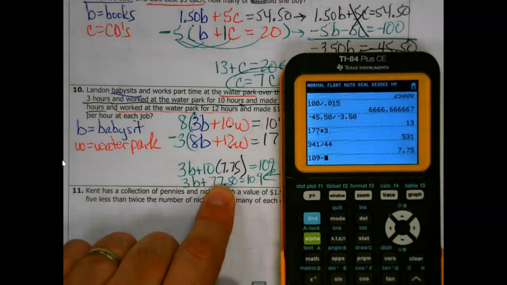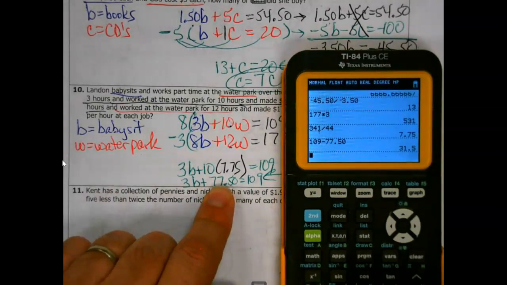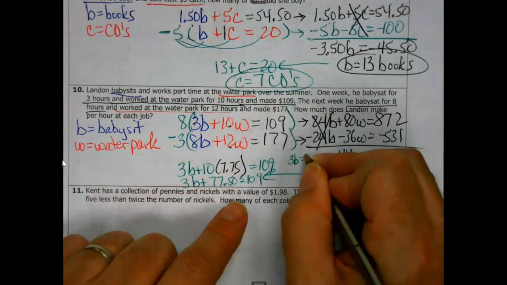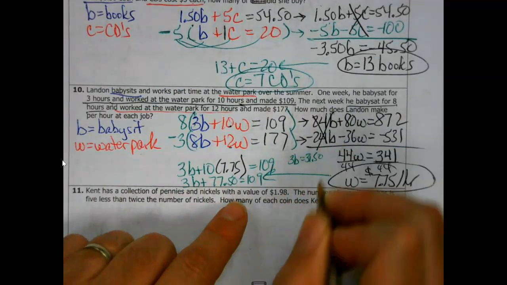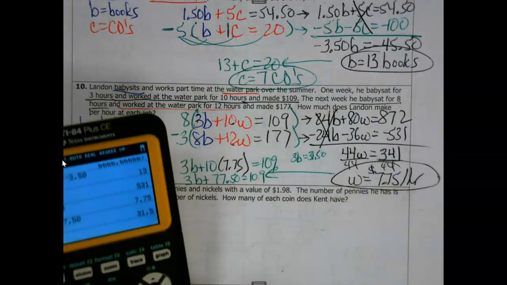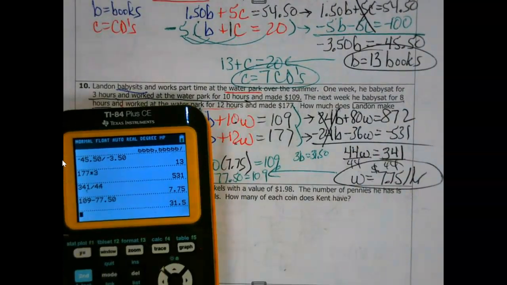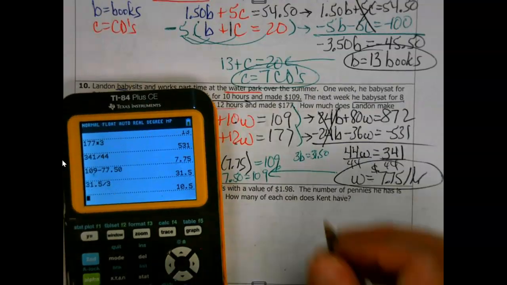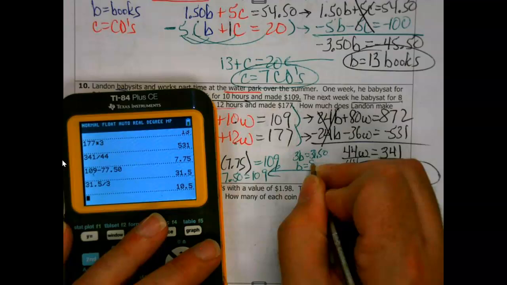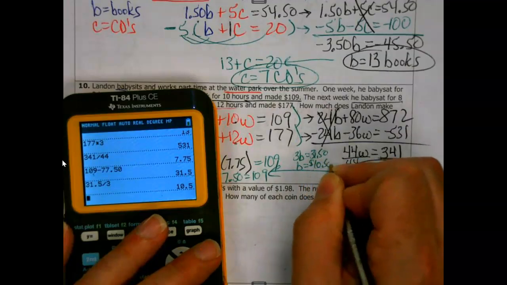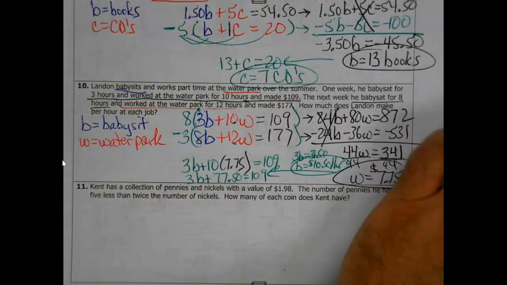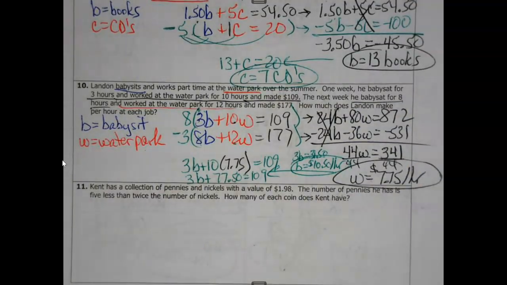Got to subtract the 77.50. That's 31.50. Oh, why didn't I write over further? Oh, this is going to be even crazier. Maybe not. Hey, at least he made more babysitting. $10.50 an hour babysitting. That doesn't seem like enough either.